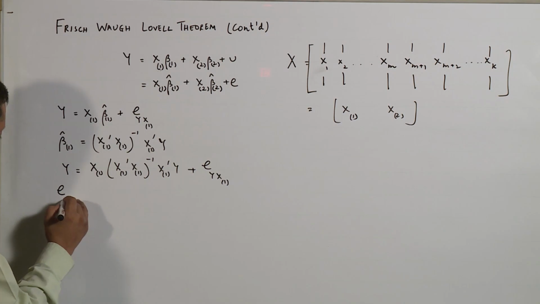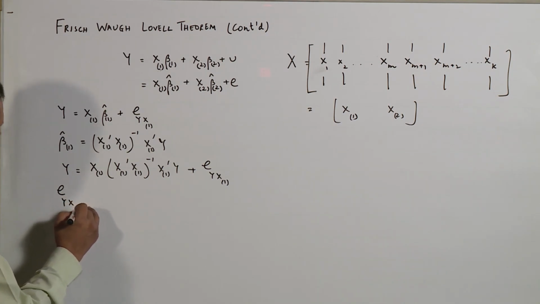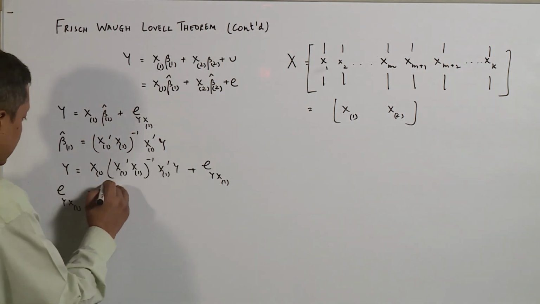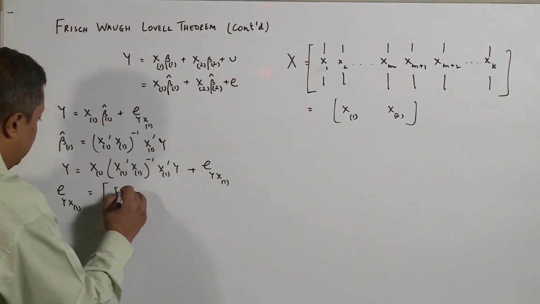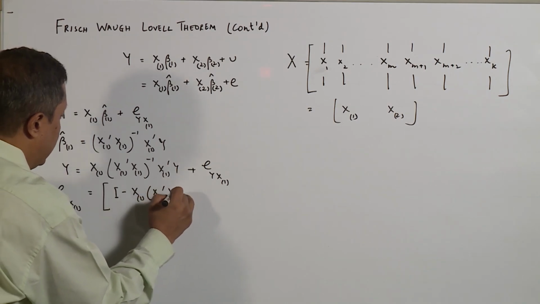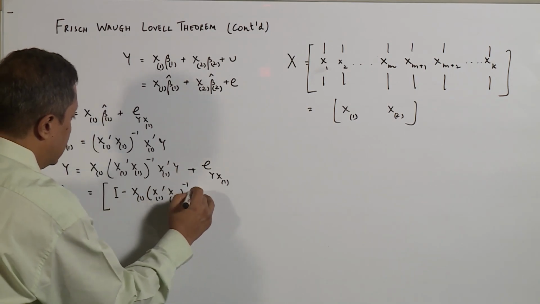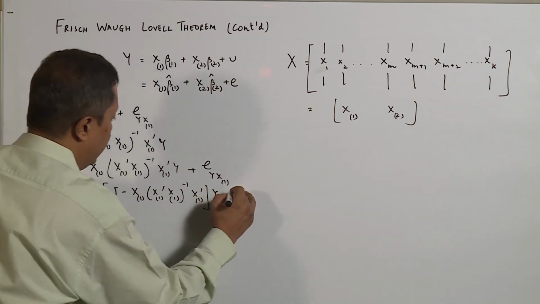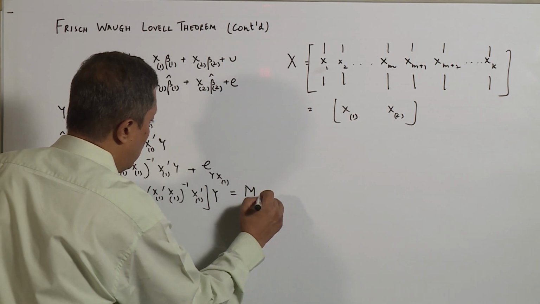Therefore, this residue, y regressed on x1, or pure y, will be (I minus x1 (x1' x1)^-1 x1') y. That we now denote as M1y.